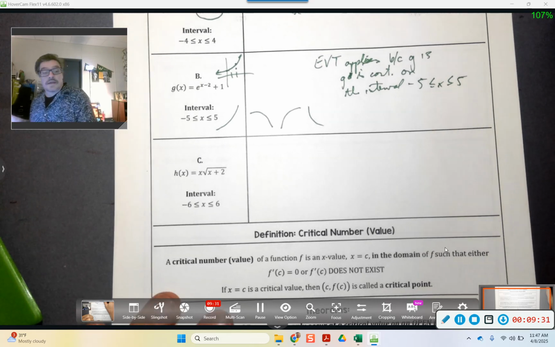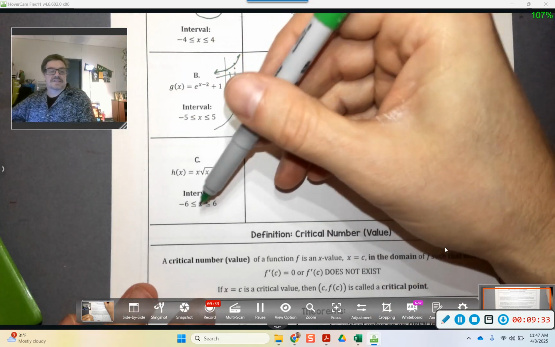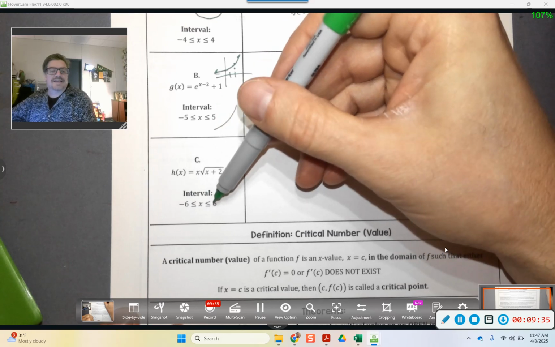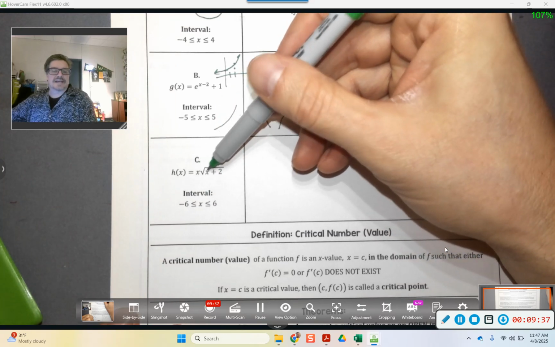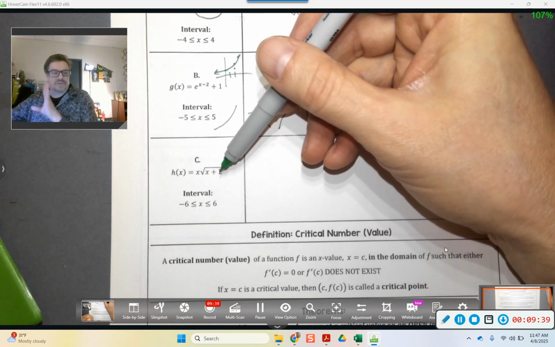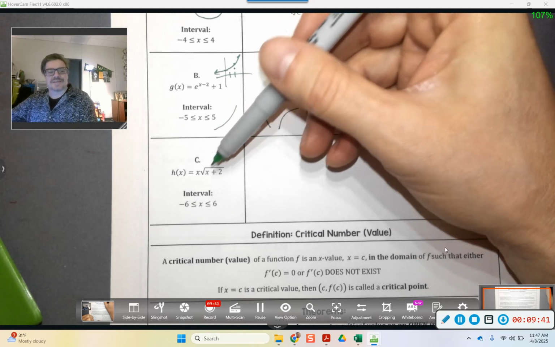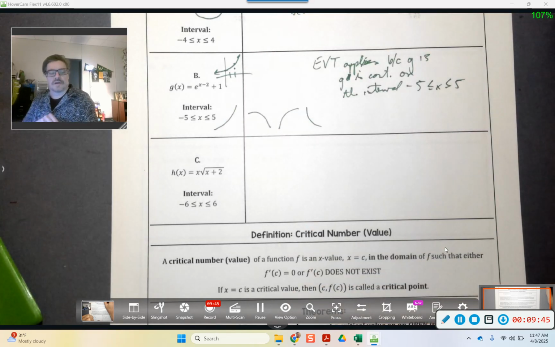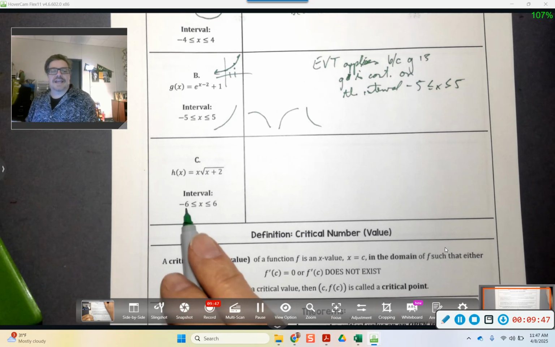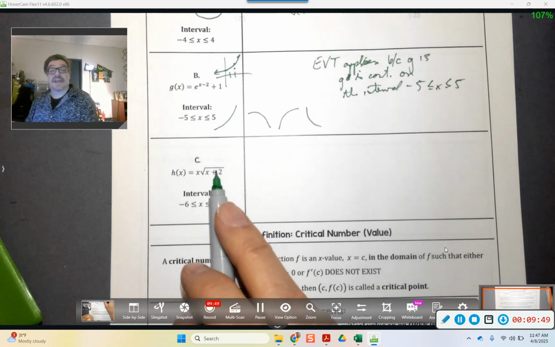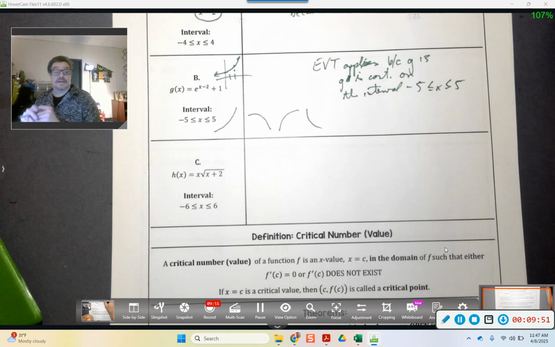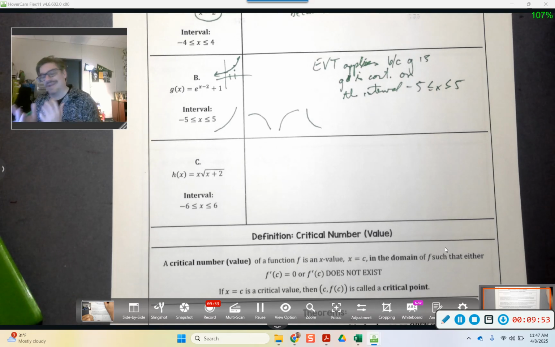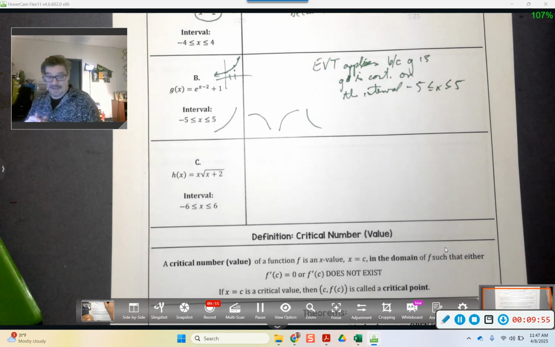Let's go to +6. I'd get 6 times the square root of 8. That's no problem. But let's go to the negatives, because radicals don't play well with negatives. You need to know the border here. If I plugged in a -6, I would be taking the square root of -4, and that is going to break the whole process, because then we get a complex number, and it's not for us.